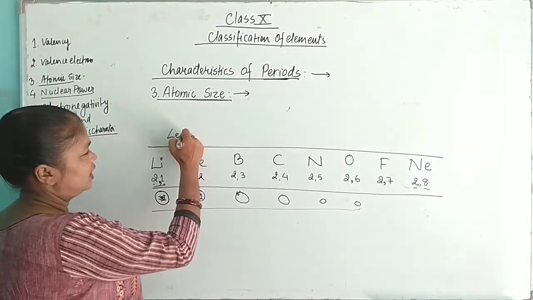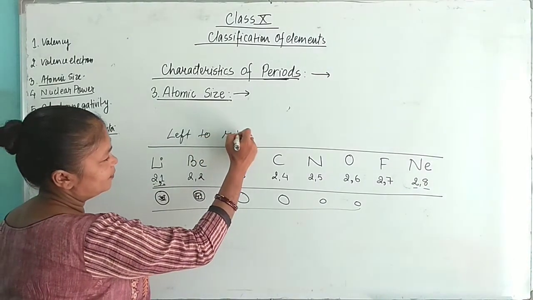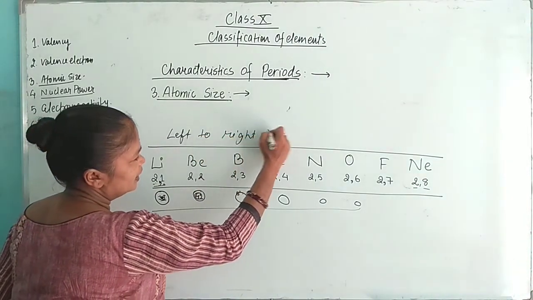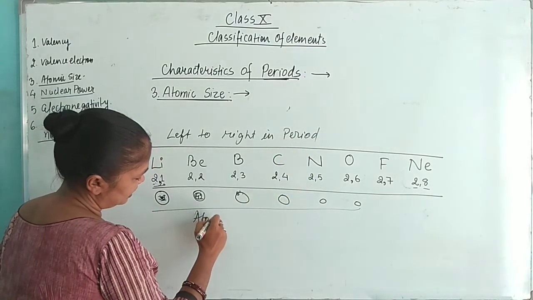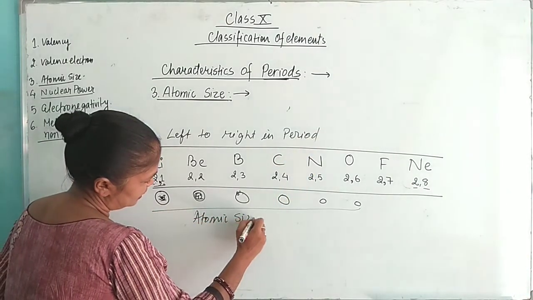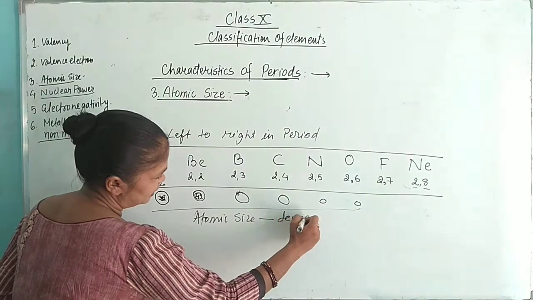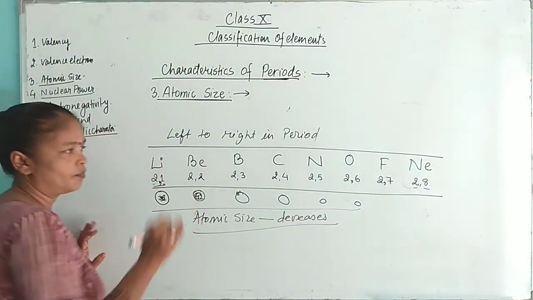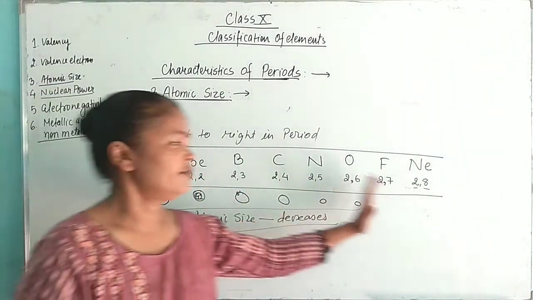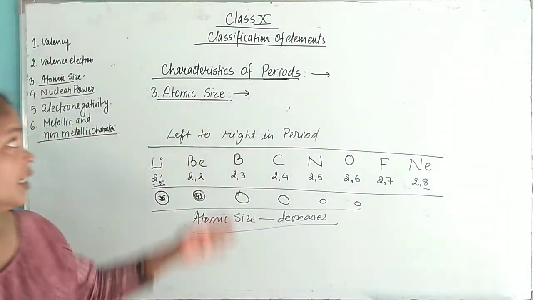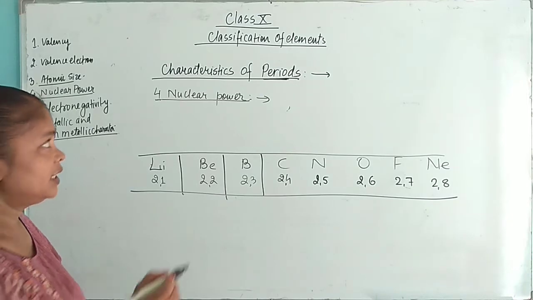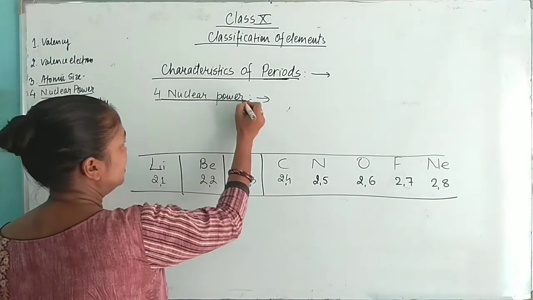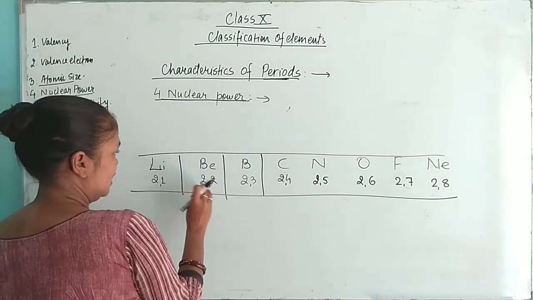Left to right in a period, atomic size gradually decreases. So, here is the nucleus.